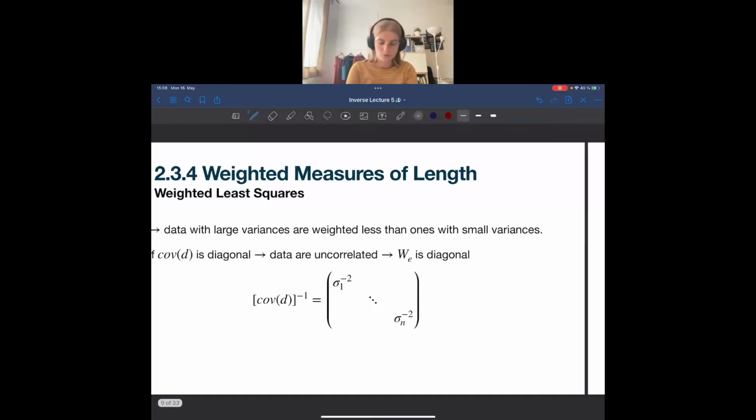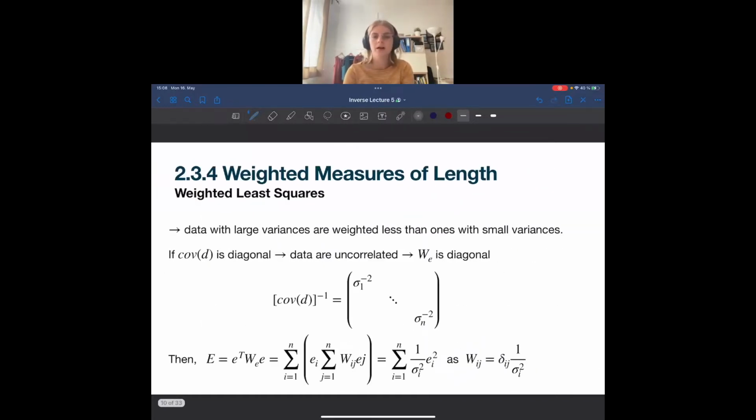So when we use this new weighting matrix E and we calculate the total misfit, we end up with this nice formula here. So we can write this scalar product E transposed omega E times E using sums. And since, as we said, omega E is a diagonal matrix, we're going to end up very easily.